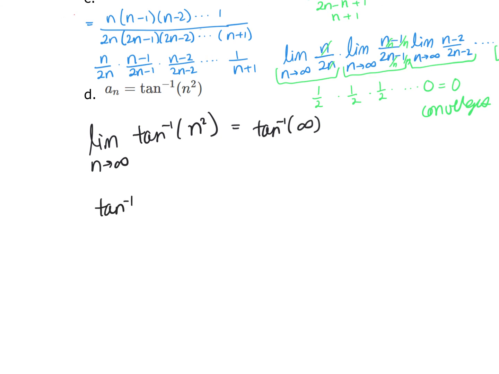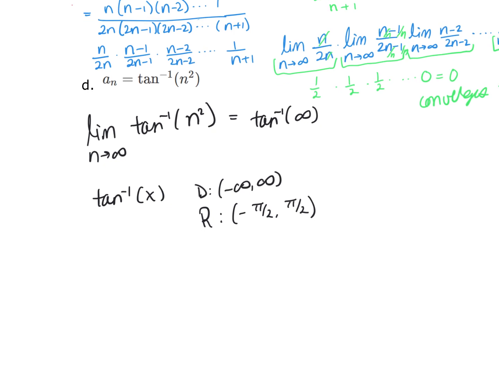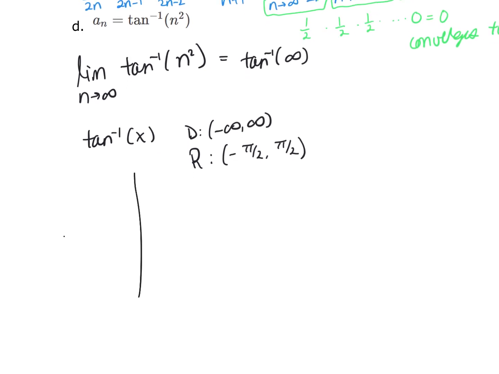Tangent inverse of x, its domain is negative infinity to infinity. Its range is non-inclusive negative pi over 2 to pi over 2. And that's because of the shape of tangent. So tangent has vertical asymptotes at x equal to pi halves and x equal to negative pi halves.